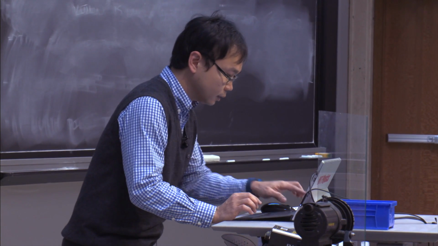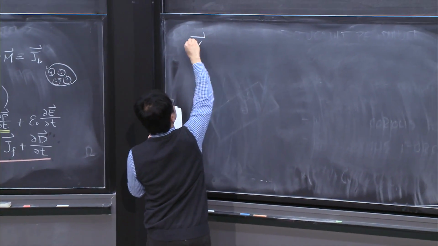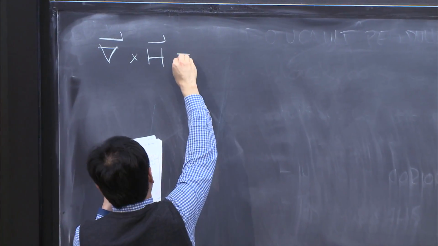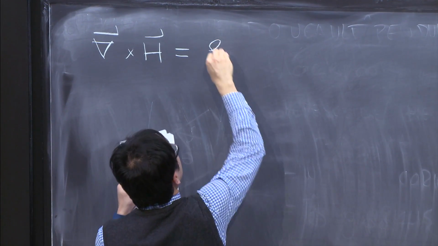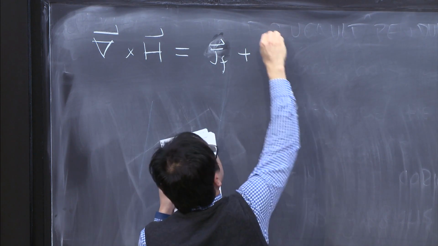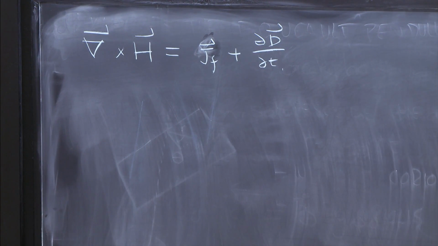There's a typo in the lower left figure. So the lower left equation, which is unfortunately propagated to many places, should be like this. It should be del cross H equal to J_F plus partial D partial t. All right, so somehow this is propagated to many places.